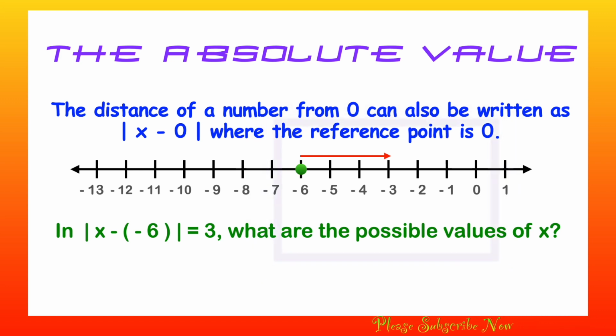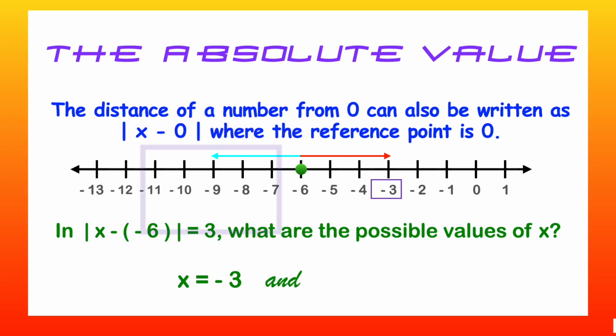So one of the values of x is negative 3. And move also 3 units going to the left to get the second value of x. 1, 2, 3. So it ended on negative 9.